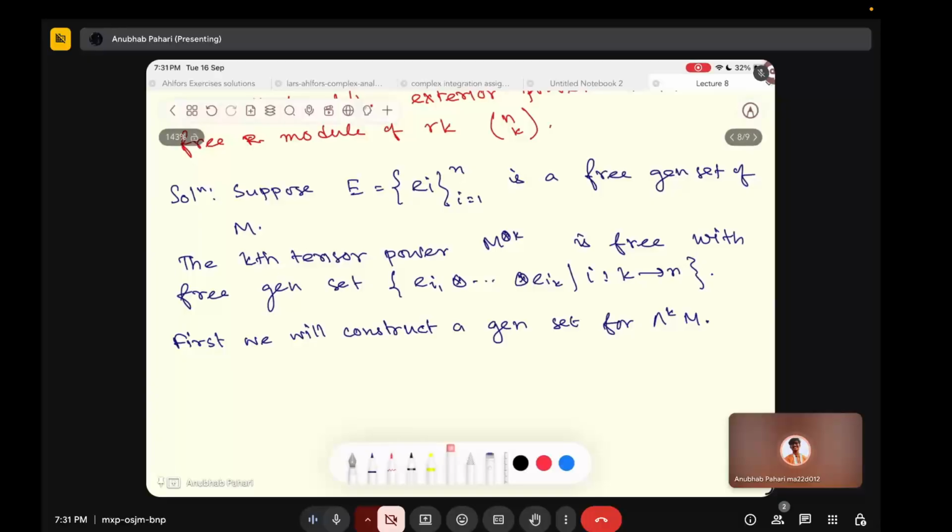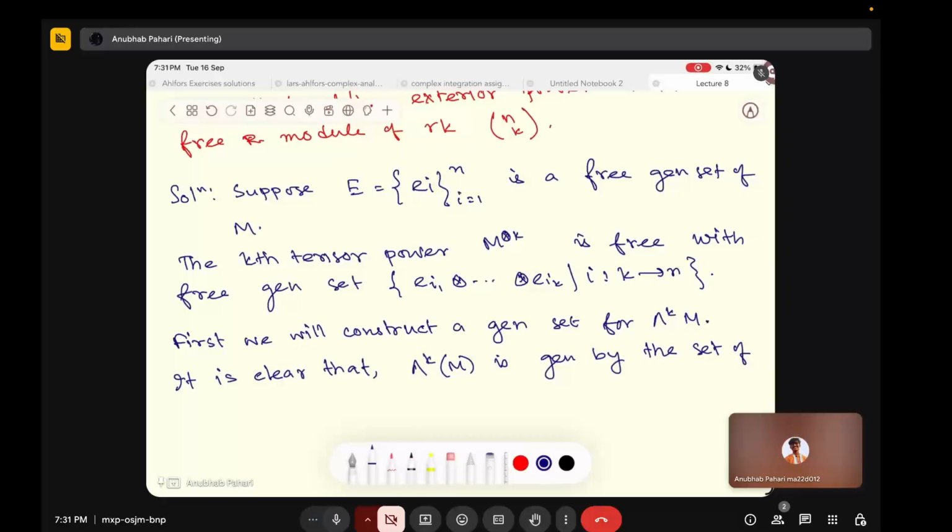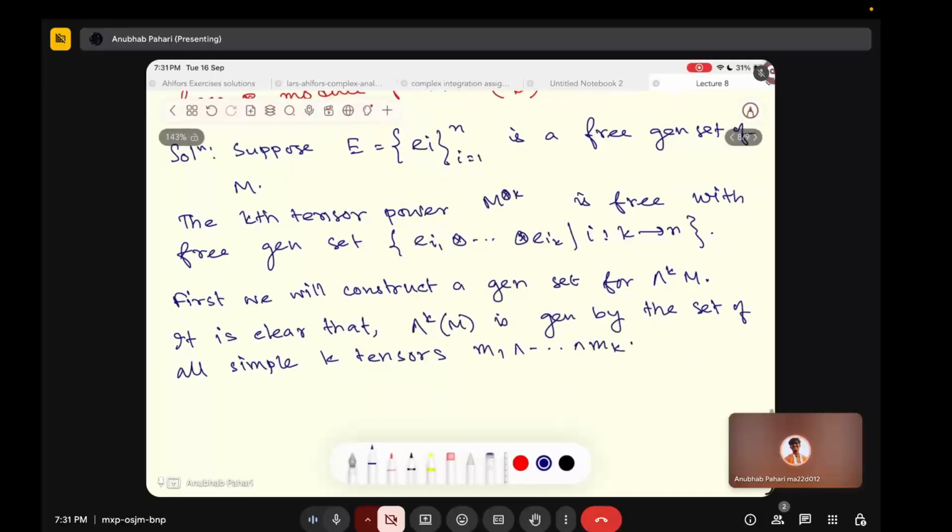It is clear that your exterior power of M is generated by the set of all simple k-tensors m1 up to mk, because this is a surjective map from the tensor product to your exterior product. So the generators go to generators.